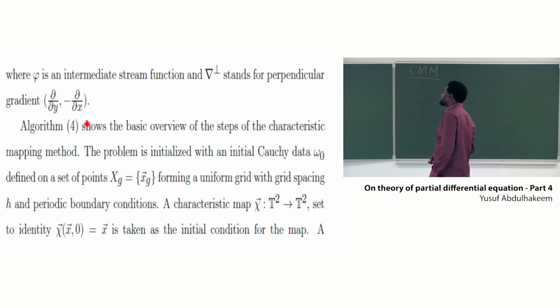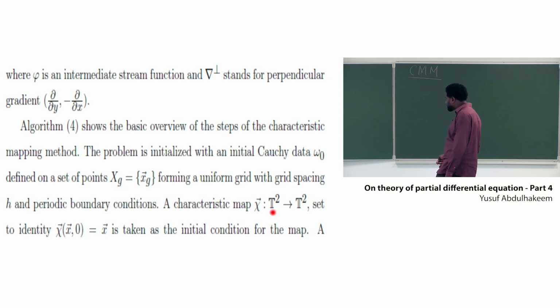So algorithm 4 shows the basic overview of the steps of the characteristic mapping method. The problem is initialized with an initial Cauchy data omega naught defined on a set of points x_g, forming a uniform grid with grid spacing h and periodic boundary conditions.